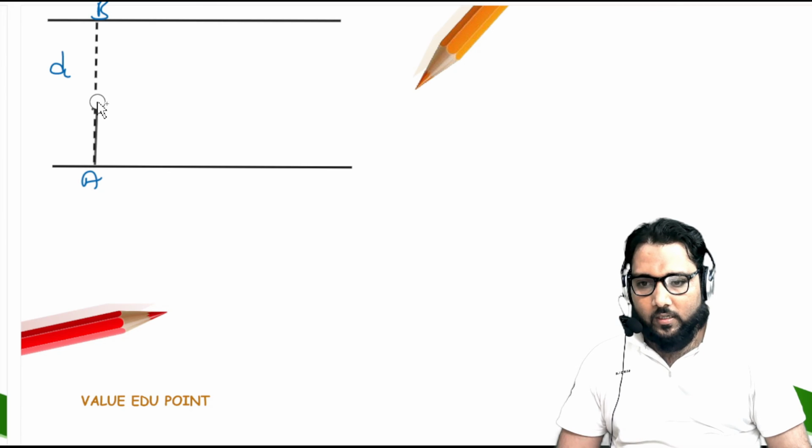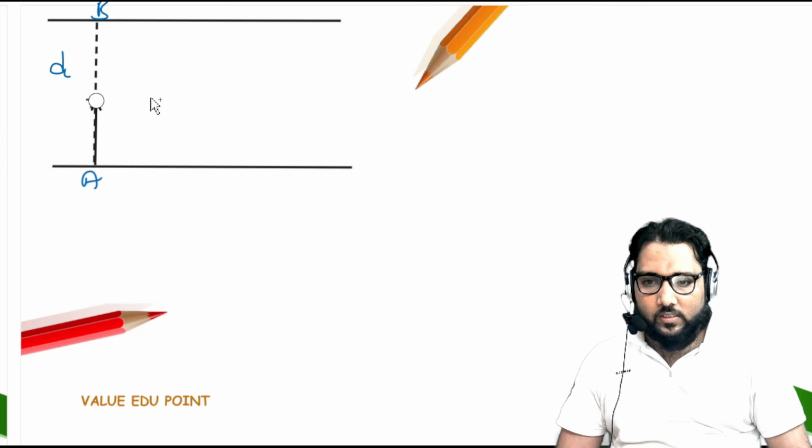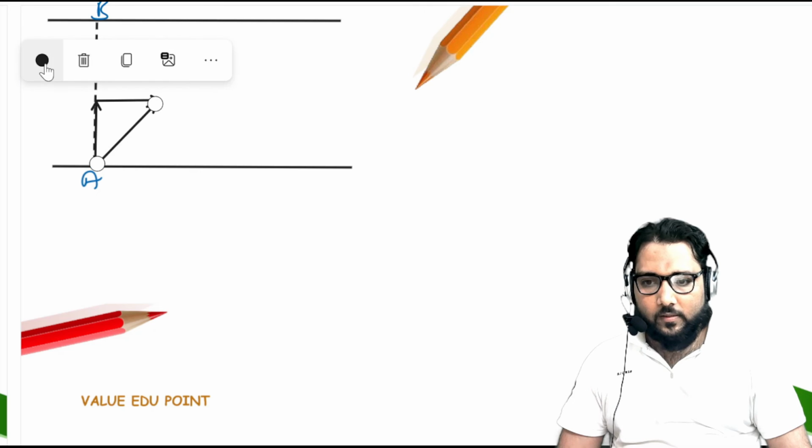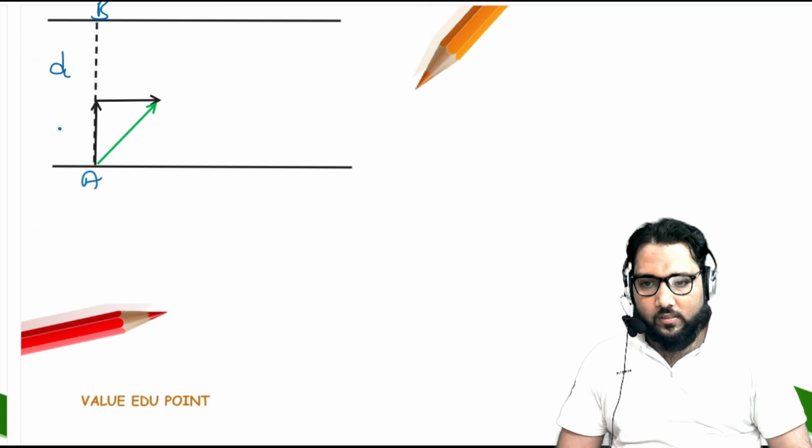In this direction, with the free stream velocity in this direction, and the resultant velocity in this direction, guys. So this is the v dash, this is the v naught, the free stream velocity.